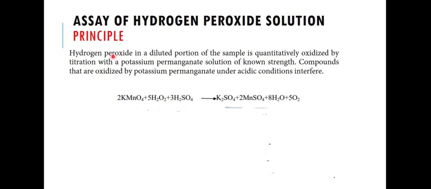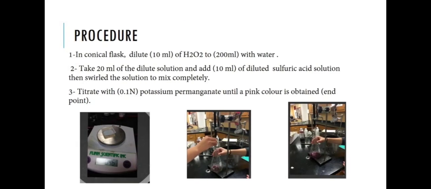So 10 ml of the sample is diluted to 250 ml in a volumetric flask with purified water. Then take 25 ml of the solution and 10 ml of 5 normal sulfuric acid. Then the solution is titrated with 0.1 normal potassium permanganate until a faint pink color is obtained.